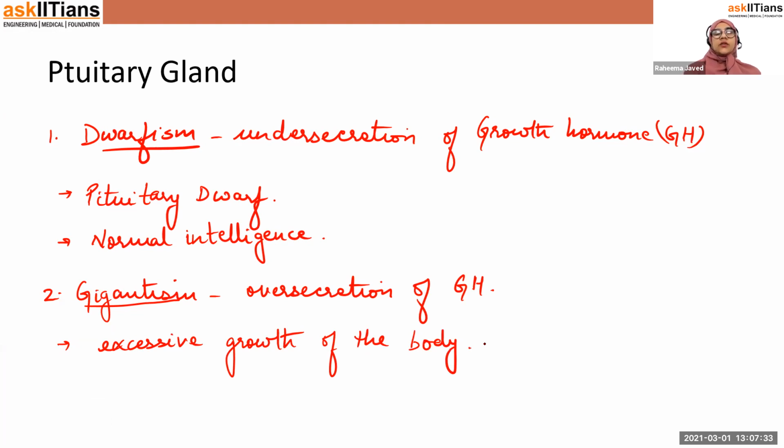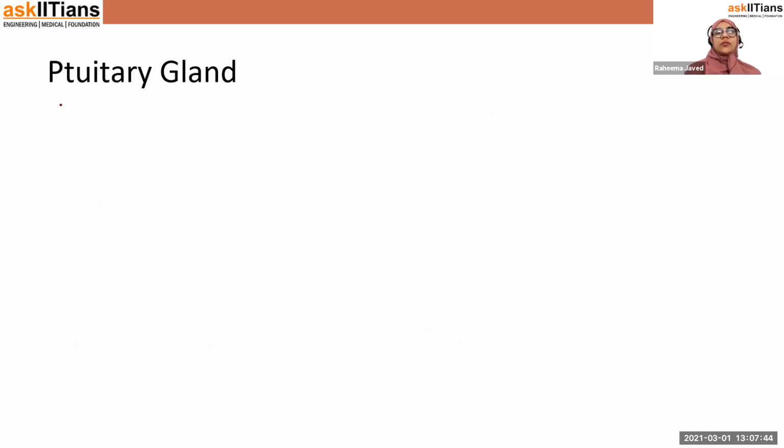So these giants are known as pituitary giants. They also have normal intelligence as compared to the giants which are produced by thyroid hormones. The third disease is acromegaly.